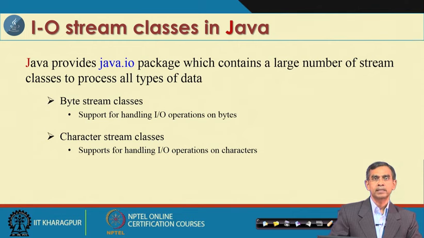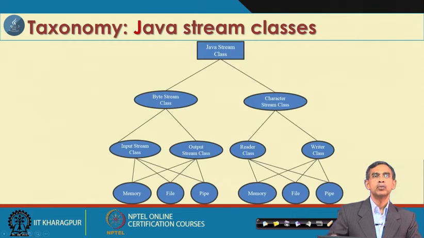Let us have a quick look at the hierarchy of the different classes in this package. This is the Java stream classes. As I told you, it can be divided into two broad categories, the byte stream classes and the character stream classes. In byte stream classes, there are again two categories, input stream classes and output stream classes.